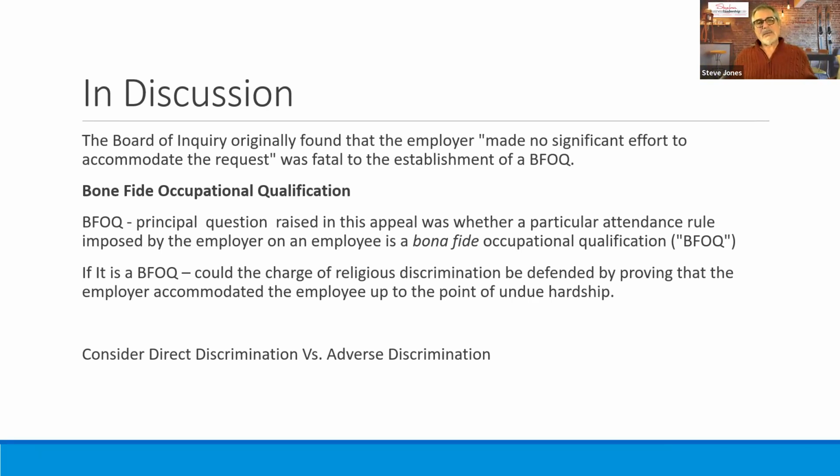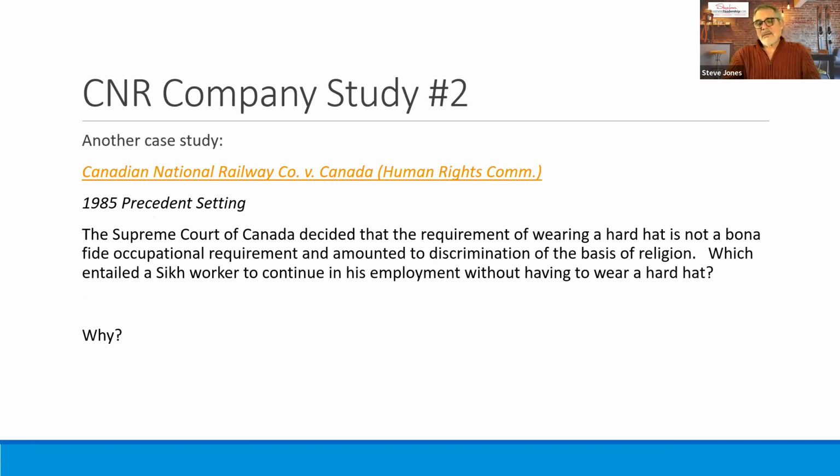Clearly, in the appeal, they said, we accommodated him by giving him Tuesdays off, but Mondays was an undue hardship. So it was no longer reasonable. So as I said to you, I don't know if that particular case was brought to bear today, whether it would win or lose, but it showed how these cases are to be argued.